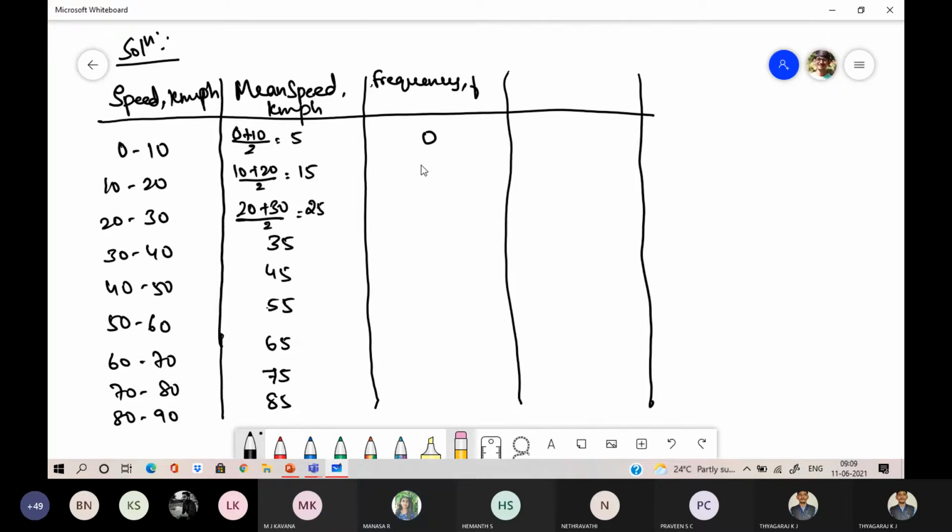From 10 to 20, 11. 20 to 30, 30. Then 30 to 40, it is 105. 40 to 50, 233. 50 to 60, 216. 60 to 70, 68. 70 to 80, 24. 80 to 90, 20.